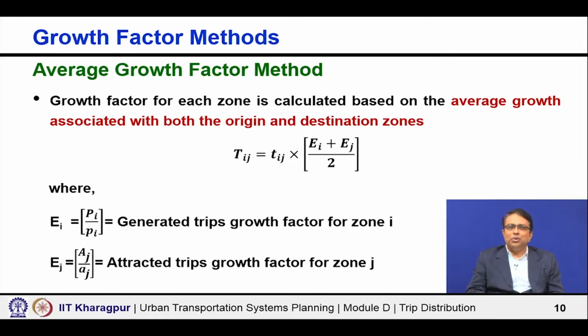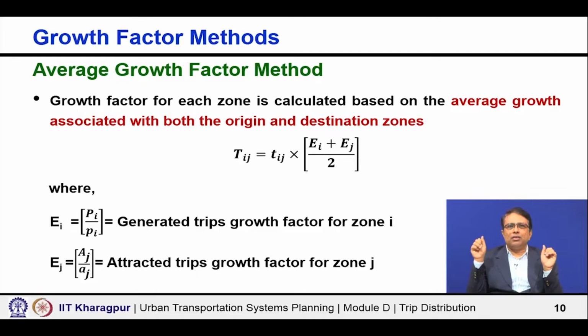Why does each cell have a separate growth factor? Now, the cell is Tij. So I have got two tags, one is I, another is J. Any cell is a part of a column which is J, and a part of a row which is I, from zone to zone.